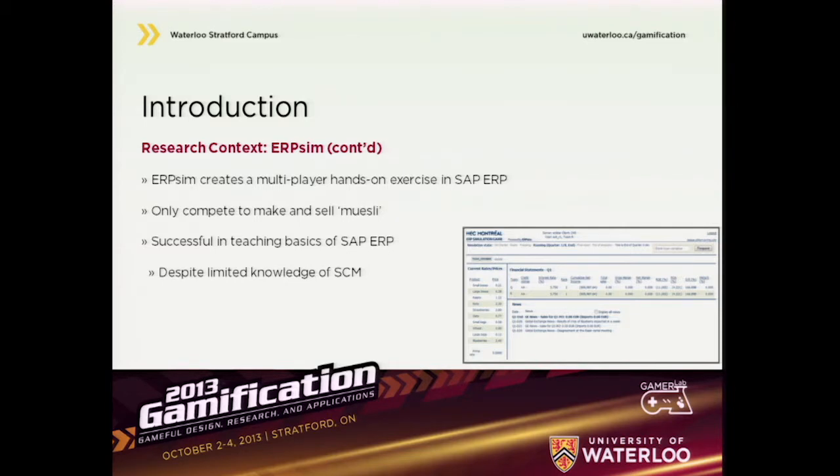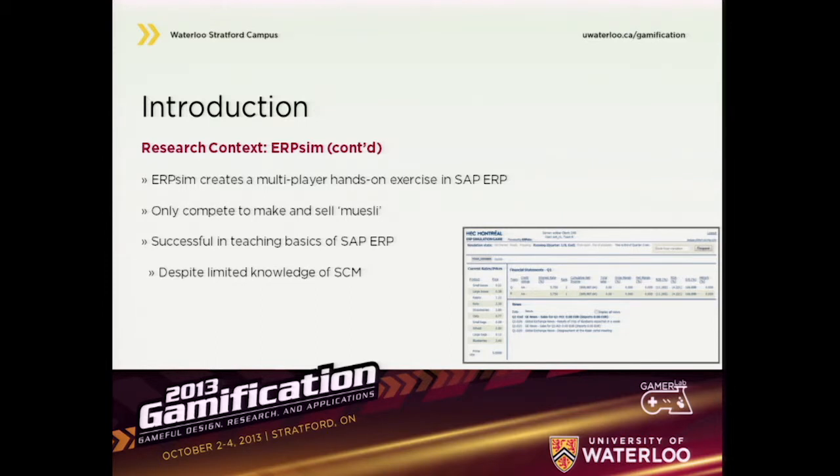It's as simple as that. You are just competing to sell muesli. So at the end of the day, whoever sells more muesli and has better marketing and everything is going to be ranked. You can see that screenshot there. It's just a simple thing where you see the ranking of your team.